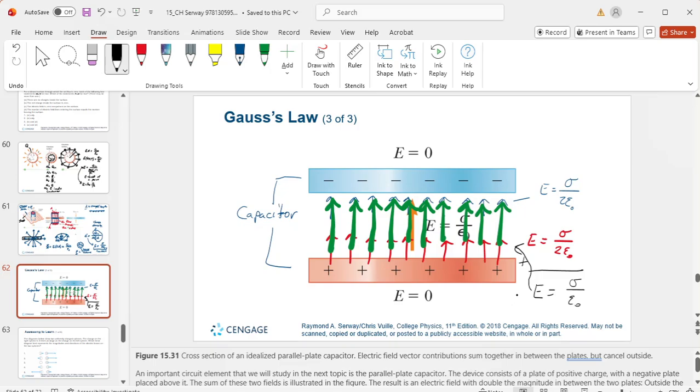So in between two charged plates, the field is equal to E equals sigma over epsilon naught. Now, the claim here is that the electric field is zero on the outsides of the plates. Why is that? Because if we consider these infinite sheets, then because this field is constant, it will also have constant value everywhere.